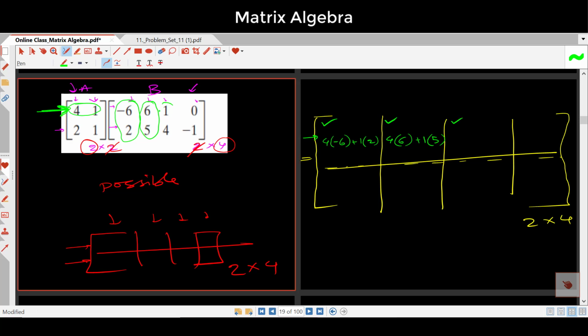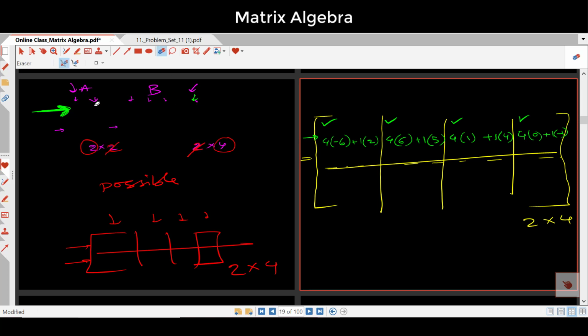First row of A and third column of B. So 4 times 1 plus 1 times 4. What will be here? First row of A and fourth column of B. That is 4 times 0 plus 1 times minus 1. So this part is done.